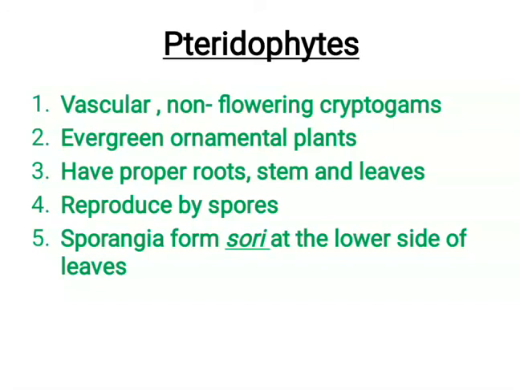Where have you learnt about sporangia? In your lower classes when you learned mucor or mushroom. Okay, so spores are formed in these sori, and these spores on dispersal fall to the ground and produce a new plant. So sporangia form sori at the lower side of the leaves.